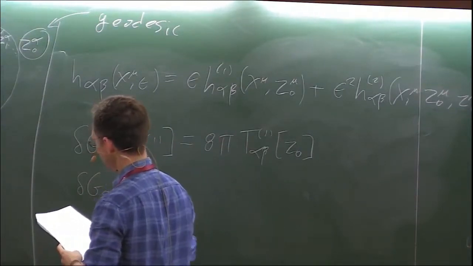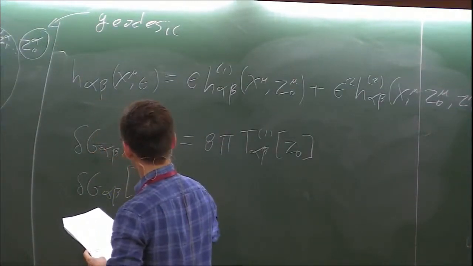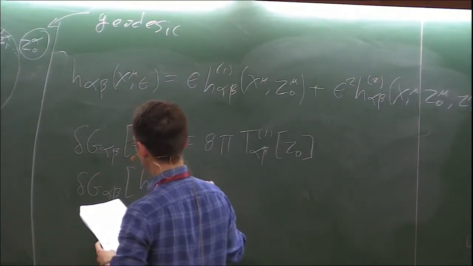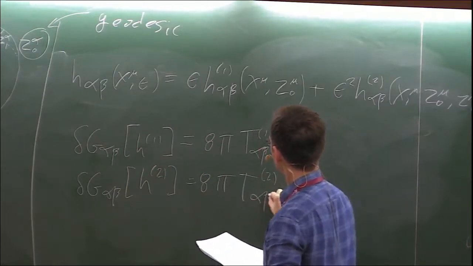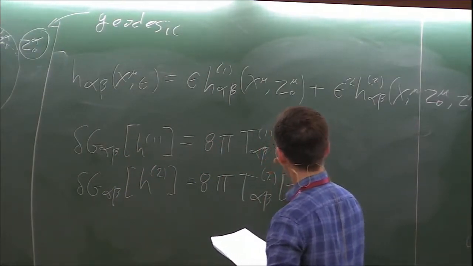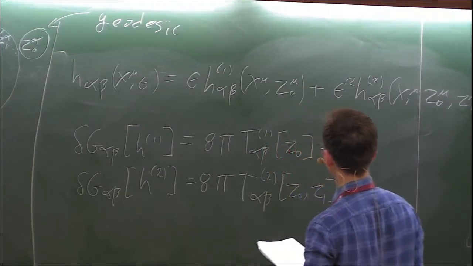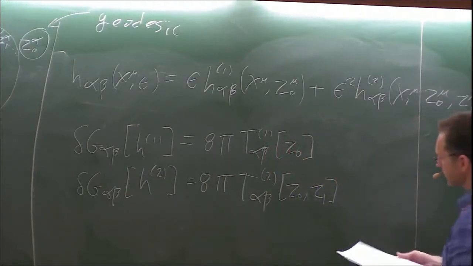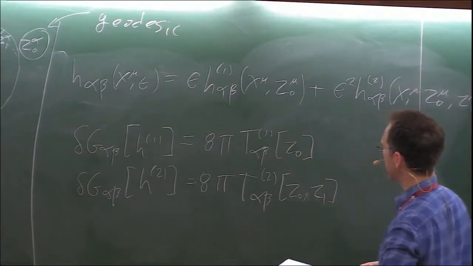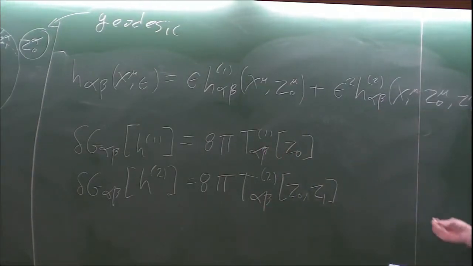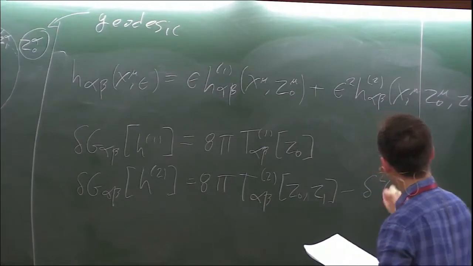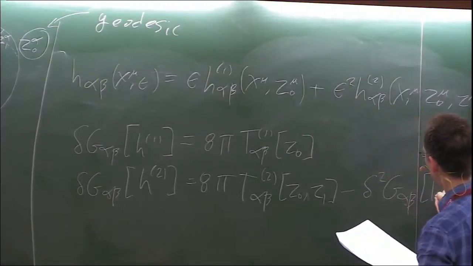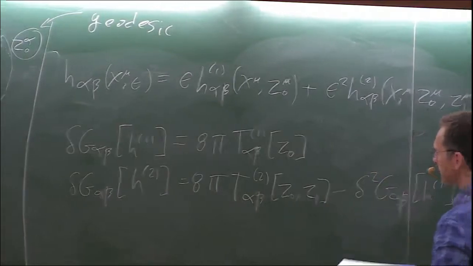Then at second order, you can schematically think of having a second order stress energy tensor, which now will depend on Z1. So this is the correction to the point particle stress energy due to the deviation Z1 away from Z0. And we also have the quadratic combinations of H1 as source terms.